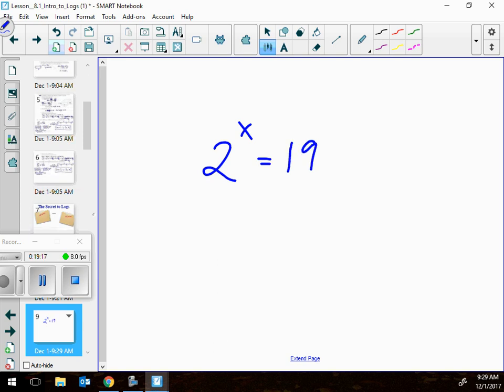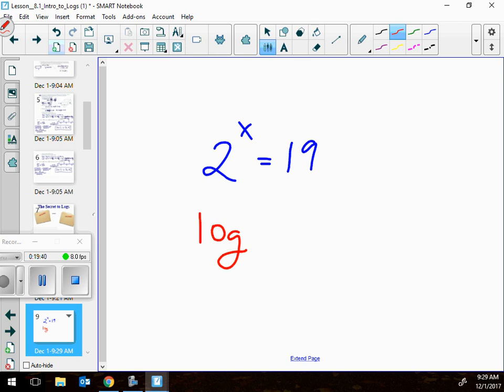Would you please, this is the secret to logs, is being able to change exponentials into logs and change logs into exponentials. Have you learned how to make this into a log yet?